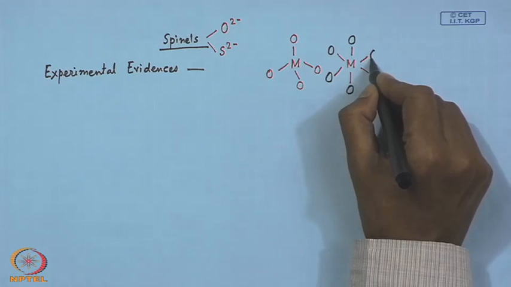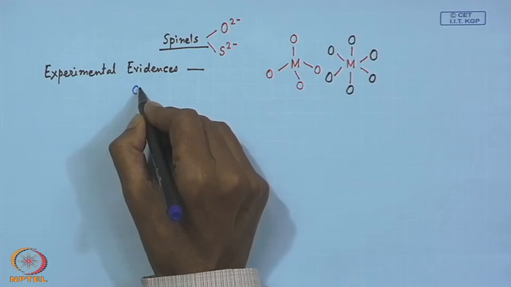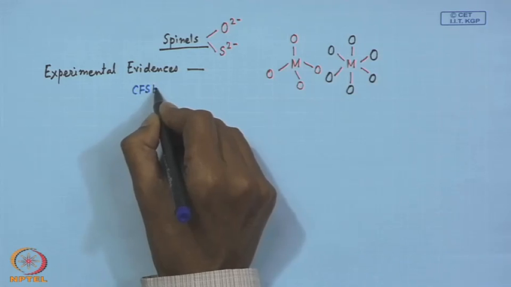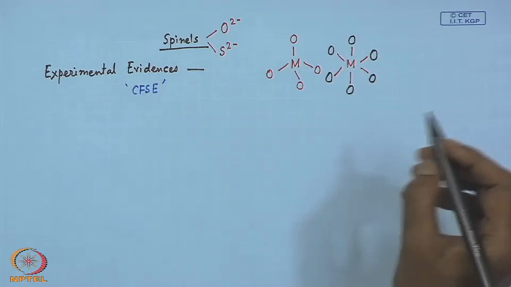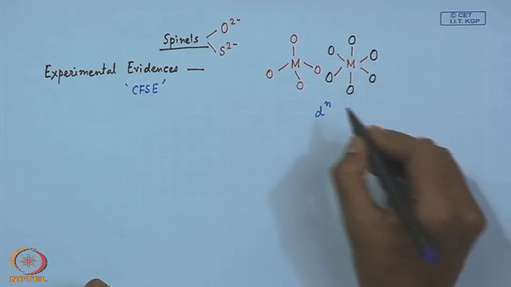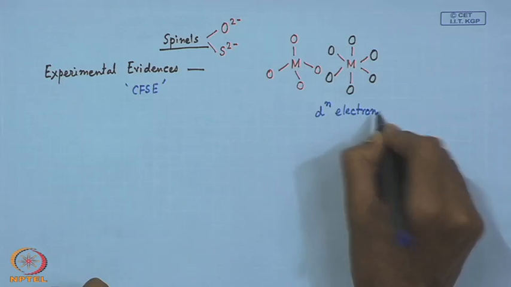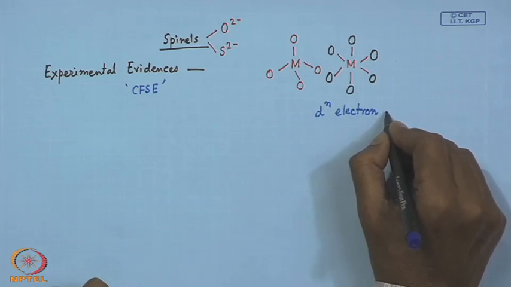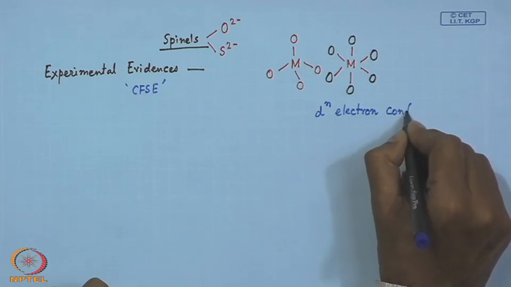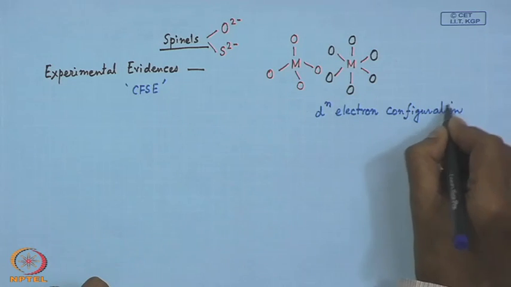So, whether we can have the corresponding crystal field stabilization, and as a result whether we can calculate the corresponding CFSE values for these systems depending upon the different d^n electron configurations.